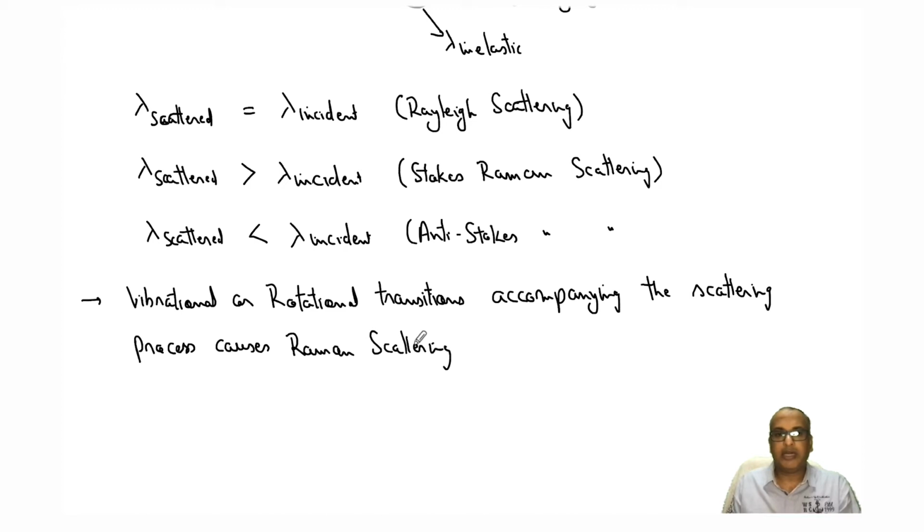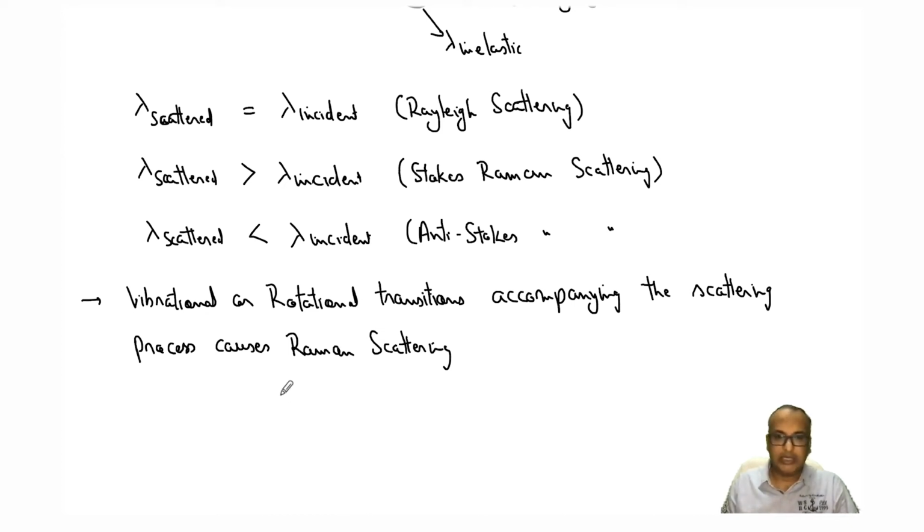So when you're shining light onto a molecule, there is a possibility of scattering, and along with scattering, there is also a possibility of vibrational or rotational transition. If all of it is happening simultaneously, then it causes Raman scattering.